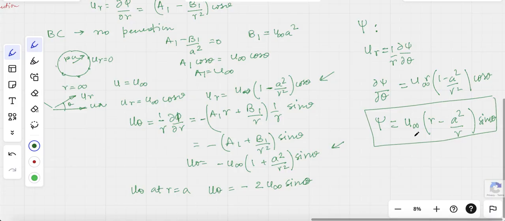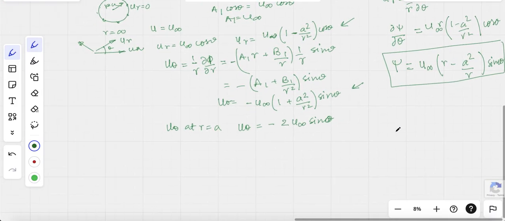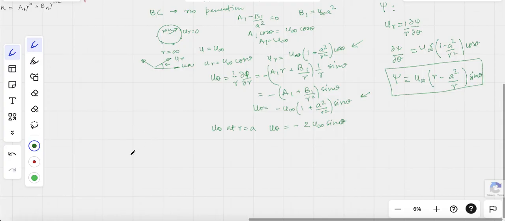We can also find an equation for pressure. Since this is potential flow, we can use Bernoulli's equation. P0 is the pressure at the free stream over here, right? Plus half rho u infinity square is equal to P at the surface of the sphere plus half rho u square.